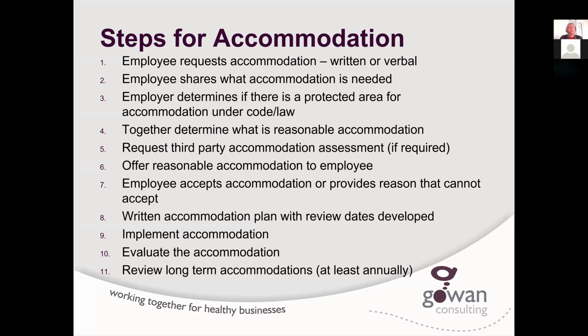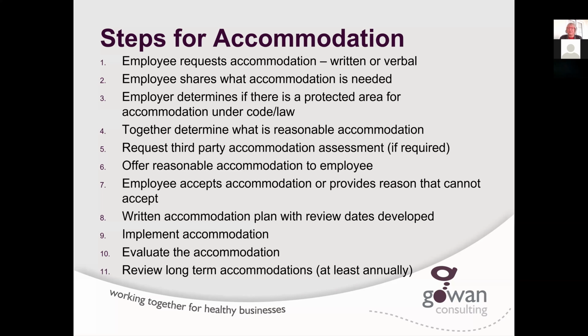Second, the employee needs to share what accommodation is needed. The employer then determines, is there in fact a protected area for accommodation under the code or the law? Do they in fact have a disability? And together in good faith, they determine what is a reasonable accommodation for this employee. At some point in the process, or in more complex cases, there is going to be a request for a third-party accommodation assessment.